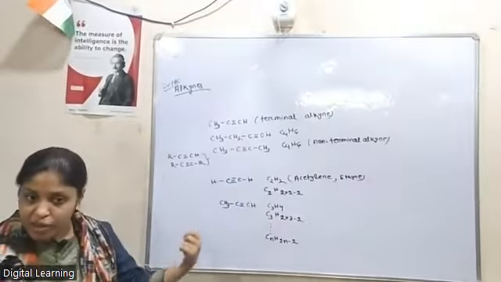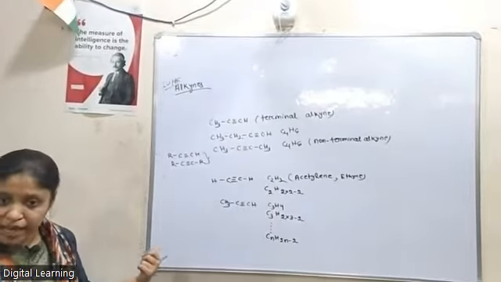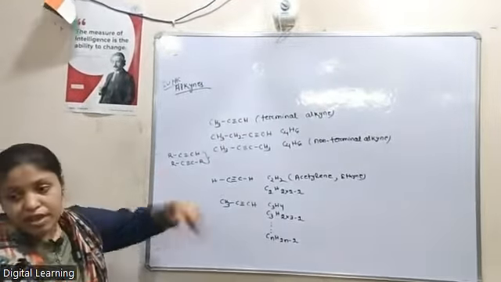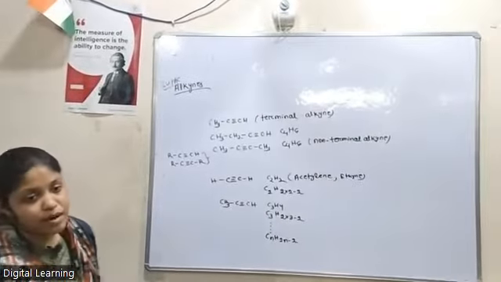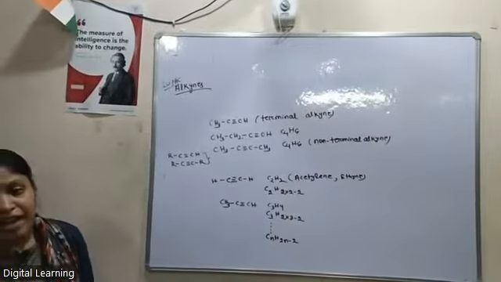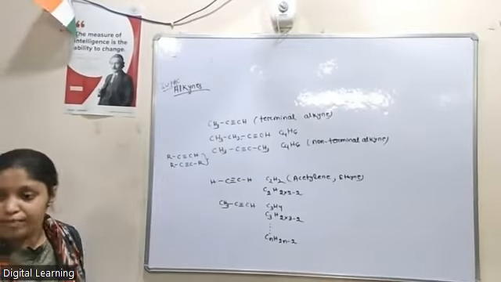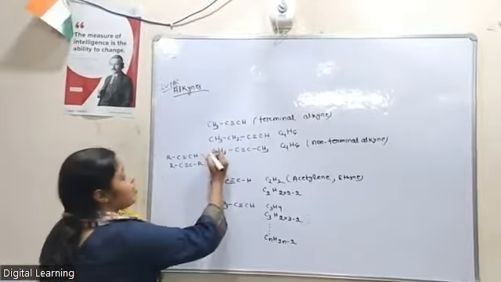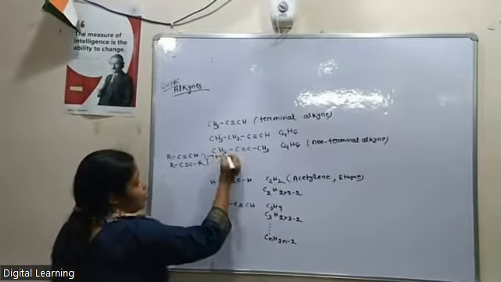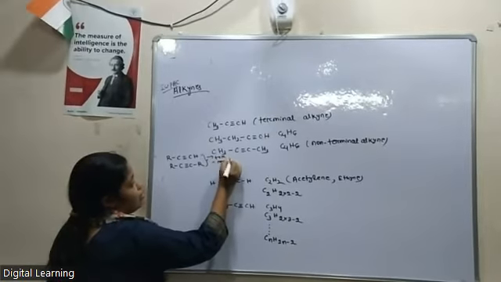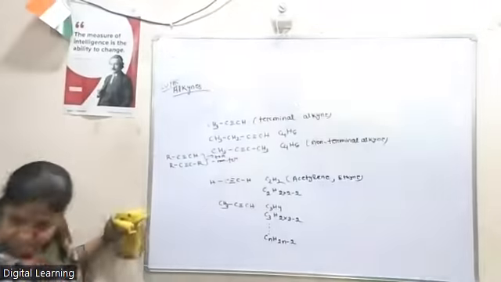Just like we studied alkenes, similarly we study alkynes. The general representation of alkynes: this is the representation of a terminal alkyne, and this is the representation of a non-terminal alkyne. This is terminal. This is non-terminal.